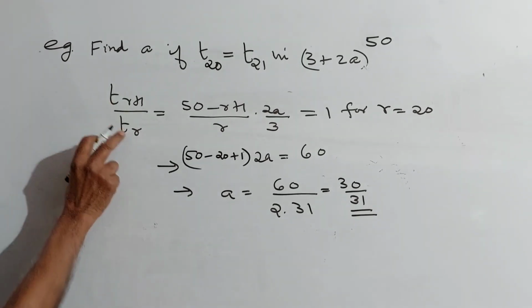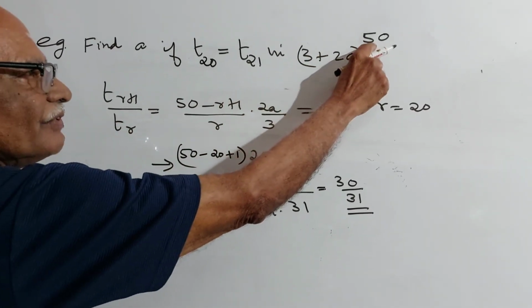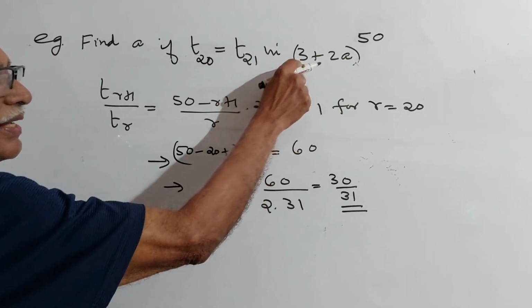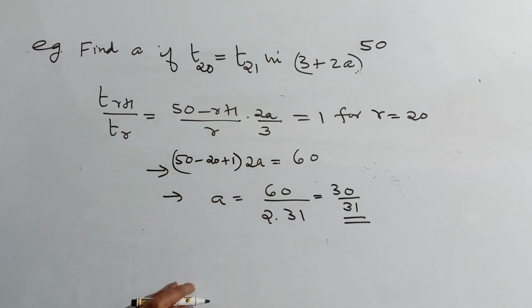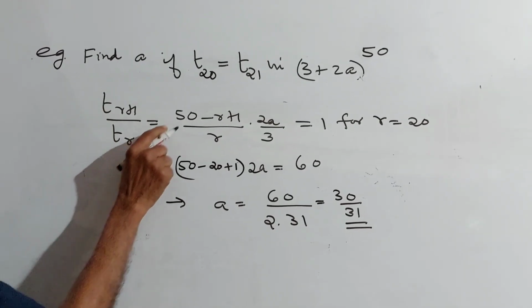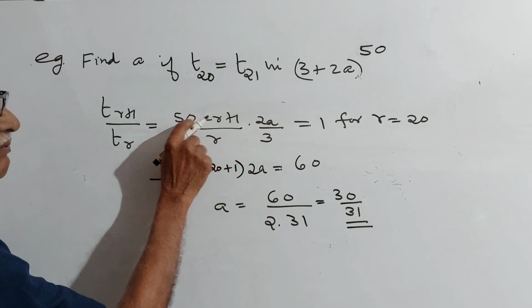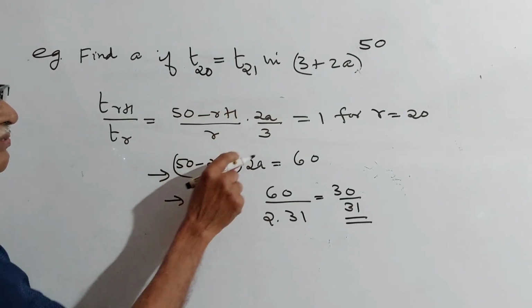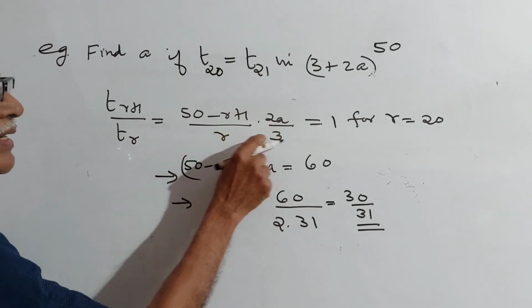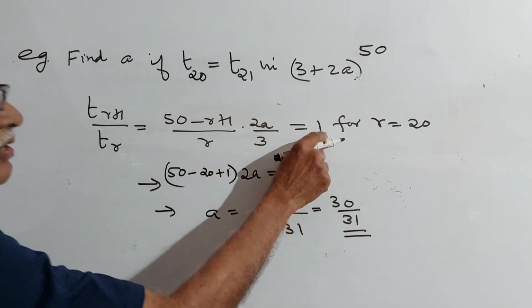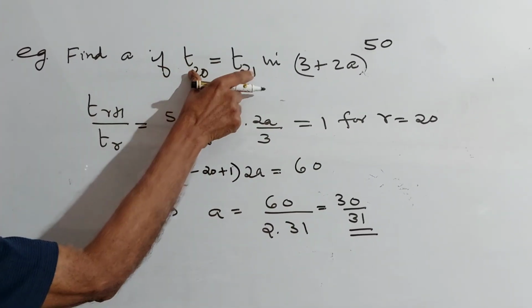So T(r+1)/T(r) is ((50 − r + 1)/r) × (b/a), where b/a is 2a/3. So T(r+1)/T(r) is ((50 − 20 + 1)/20) × (2a/3). And this is equal to 1 because the two terms are equal.